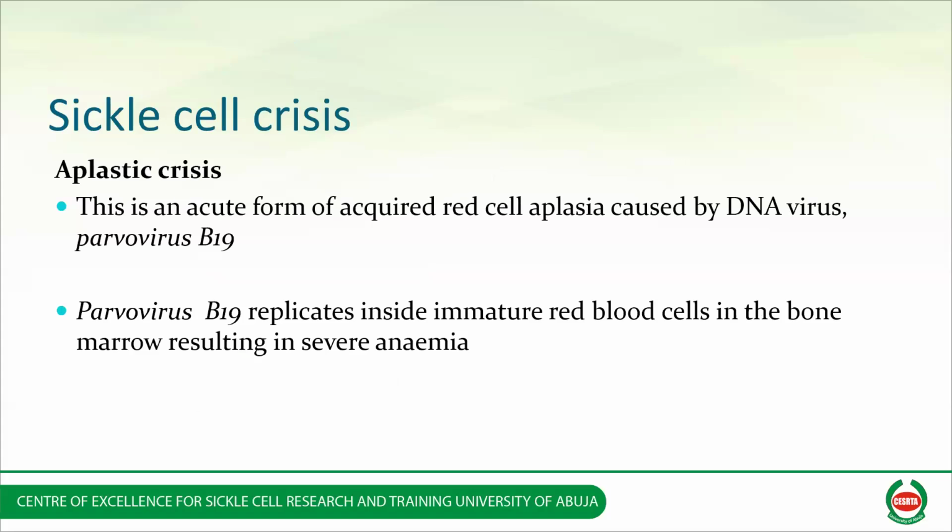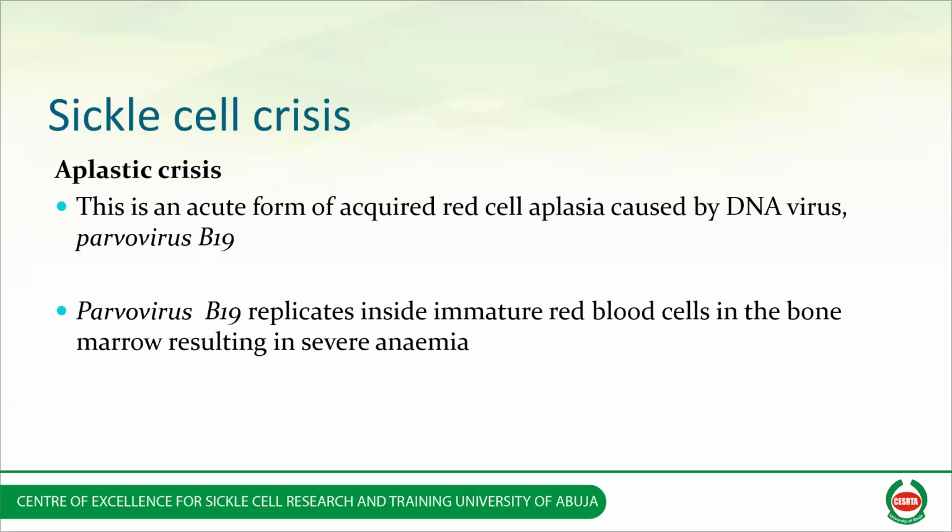And the last crisis, aplastic crisis. This is an acute form of acquired red cell aplasia caused by a DNA virus, parvovirus B19. Parvovirus B19 replicates inside immature red blood cells in the bone marrow, resulting in severe anemia.